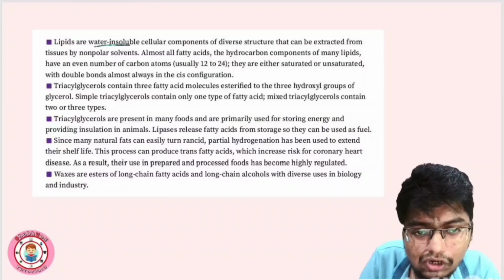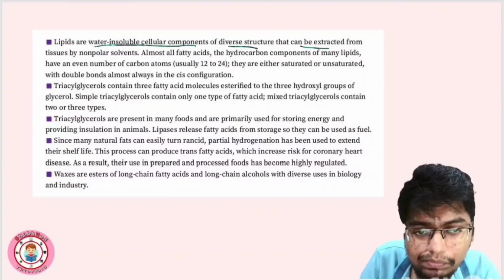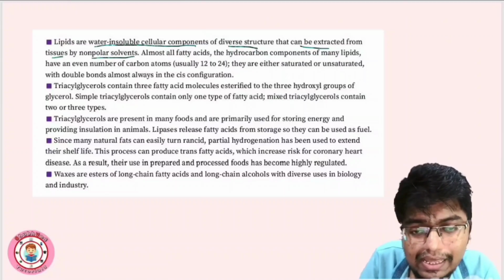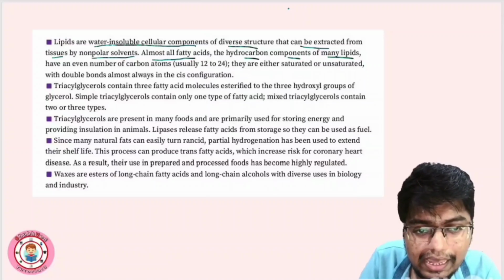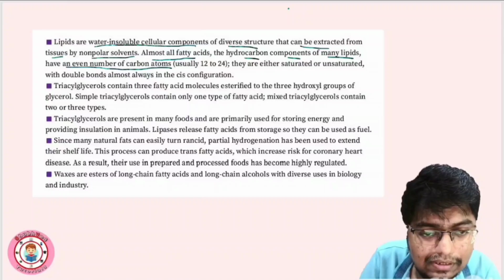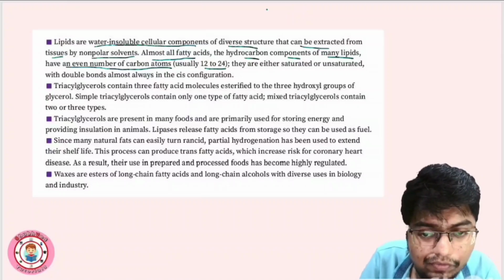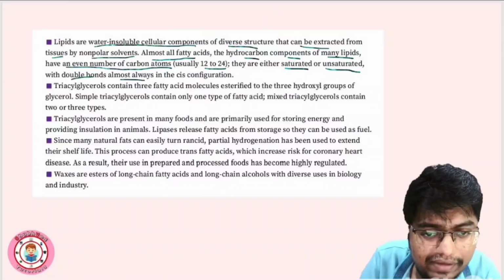This is like a summary. Lipids are water-insoluble cellular components of diverse structure that can be extracted from tissue by non-polar solvents. Using non-polar solvents we can extract them. Almost all fatty acids, the hydrocarbon component of many lipids, have an even number of carbon atoms, usually 12 to 24. They are either saturated or unsaturated, with a double bond almost always in the cis configuration.